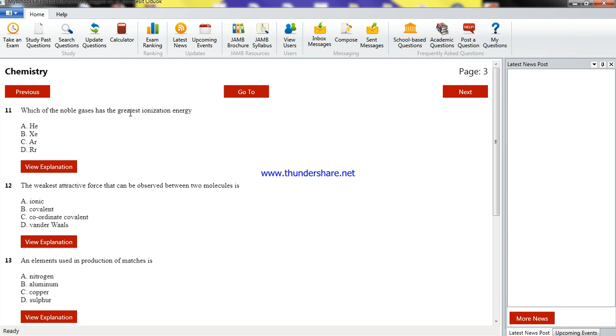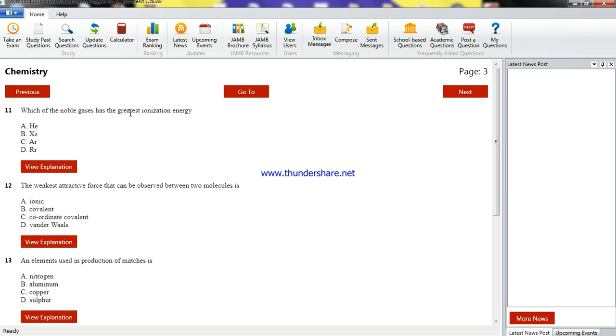Now, period 1 is hydrogen and helium, and period 2 is where lithium starts. So if we move from lithium on our left to the right, it terminates at the end of the period.